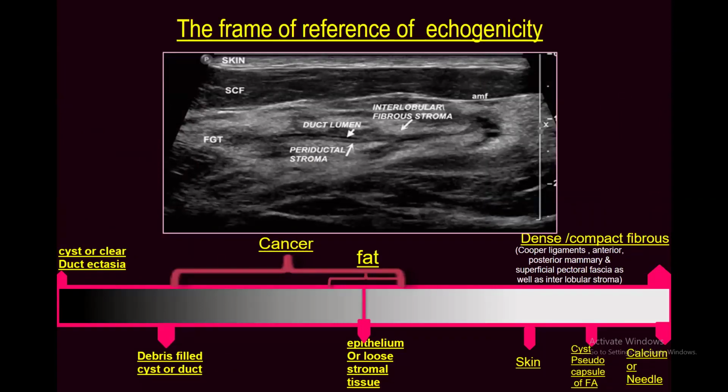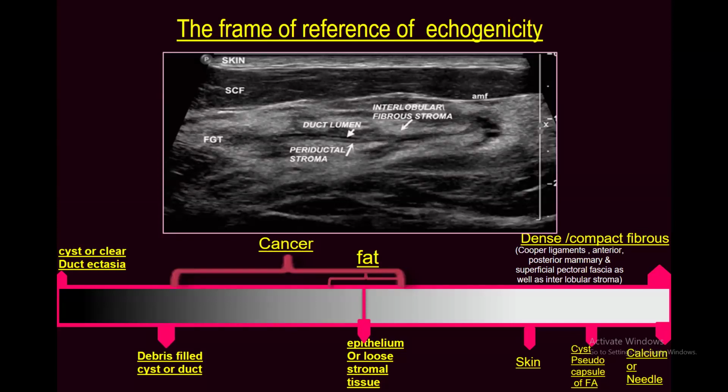Also, we mentioned the scale of echogenicity, and we said that we have to adjust our ultrasound settings, putting the fat in the intermediate grade because it is our frame of reference. We have normal structures with echogenicity more than fat, and we call them hyperechoic.